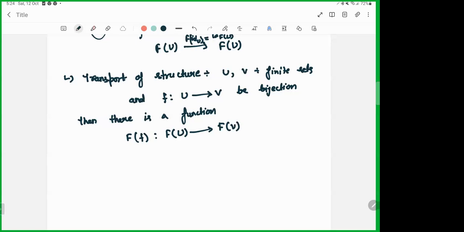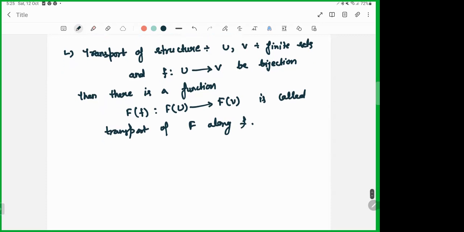And this function F(f) is called the transport of F along small f. So this is precisely the definition of a functor, basically corresponding to any morphism in the domain category you have a morphism in the codomain category. So this is what I was saying.